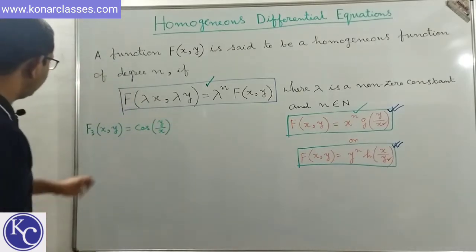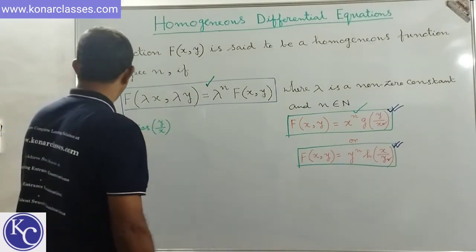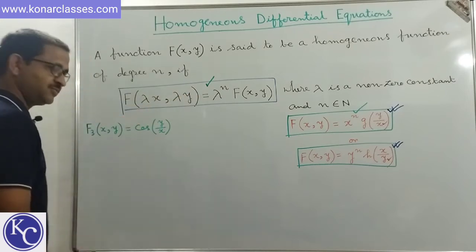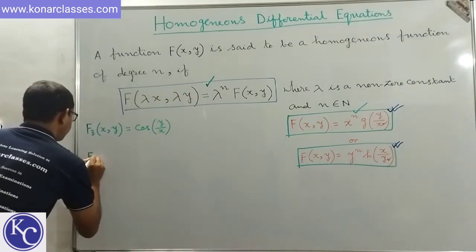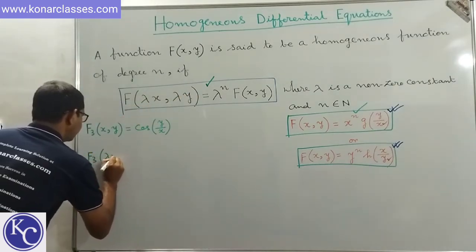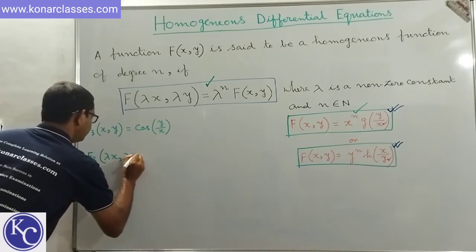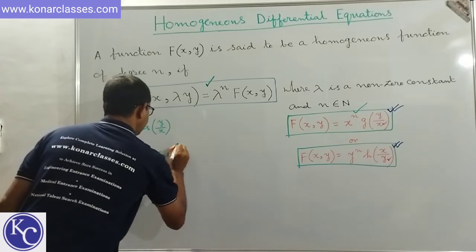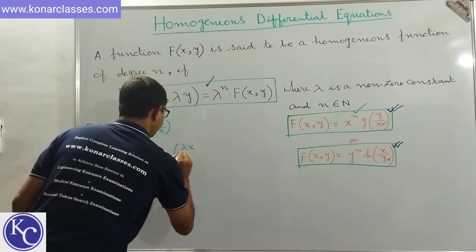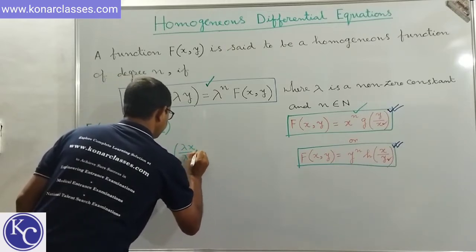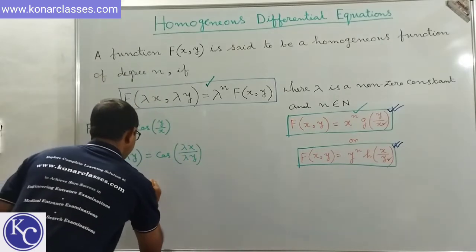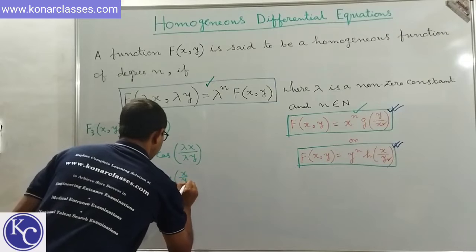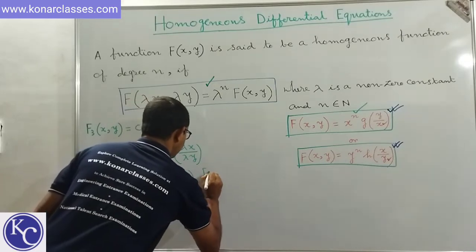Now if we write this, f3(x, y) is equal to cos(y by x), let us follow this definition. f3(lambda x, lambda y) is equal to cos(lambda x divided by lambda y). That is equal to what, dear students? Cos(x by y), because lambda is not equal to 0.